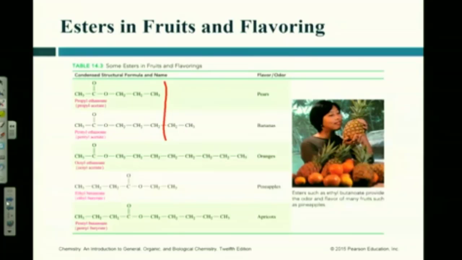That's a big difference for such a little change. Two little carbon atoms totally change the way pears and bananas taste.